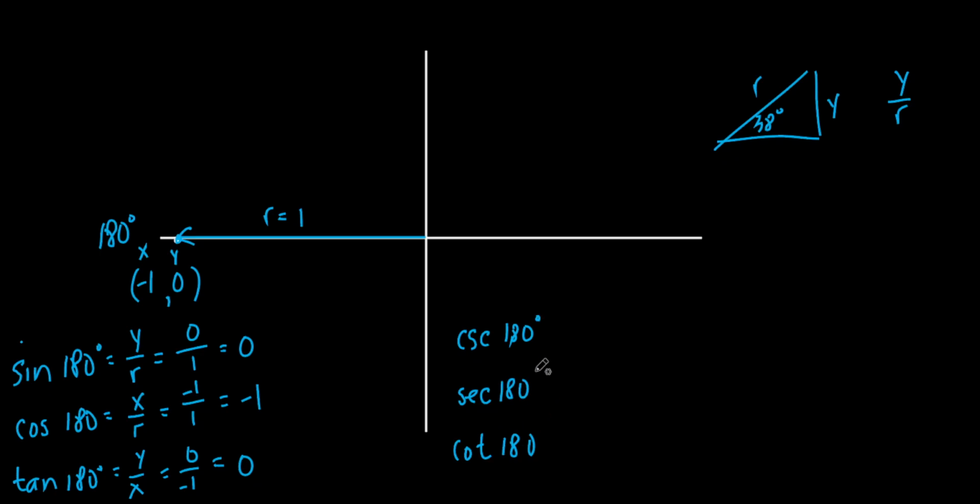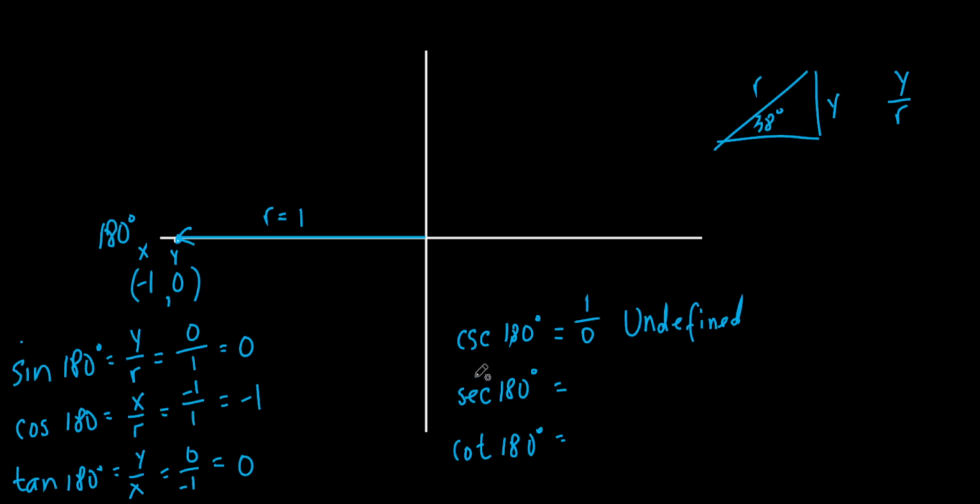Now watch, a couple weird things happen here. The cosecant of 180 is just the inverse of the sine. So it's 0 over 1. The inverse is 1 over 0. But what's 1 over 0? It's undefined. That's right. It doesn't work. It's not 0, it just doesn't exist. There's no cosecant of 180 degrees.